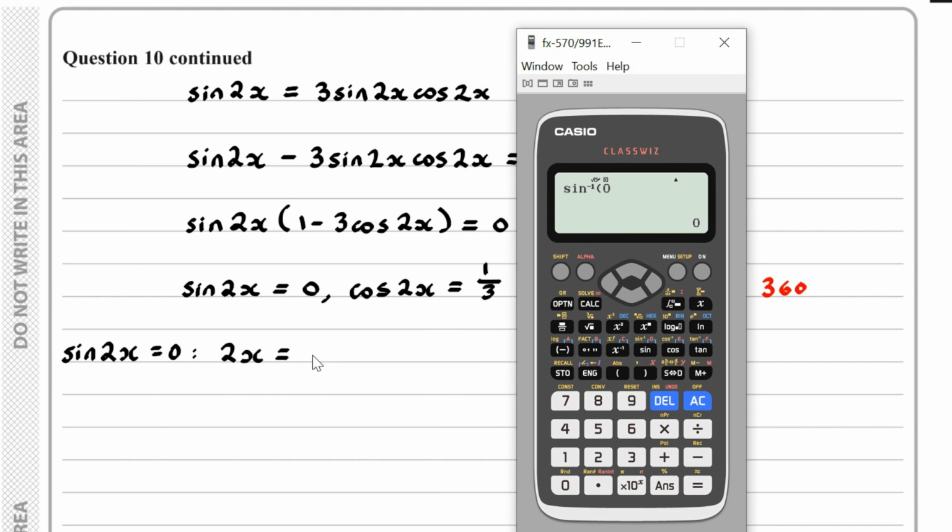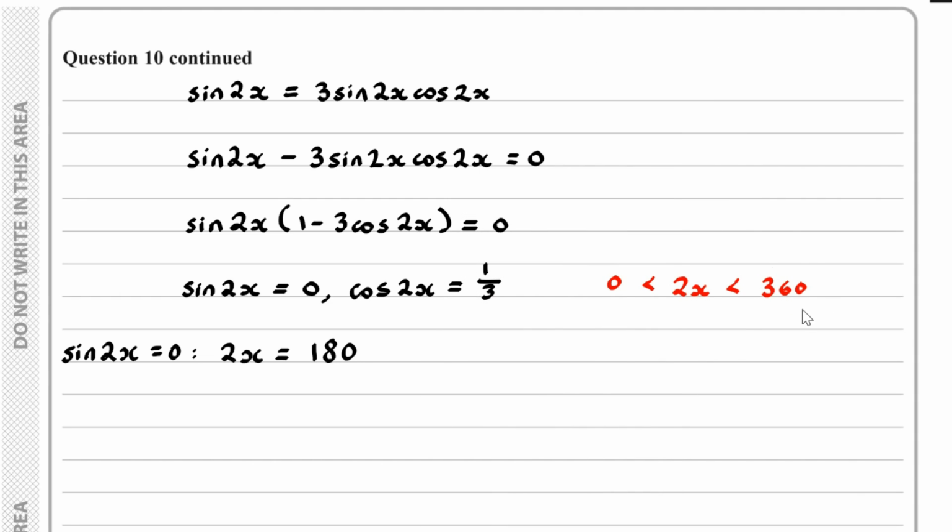So the next solution is at 180 take away 0, which is just 180. And then that's the only solution we have in the required domain, because 2x cannot equal 360. So here we would have x equals 90.